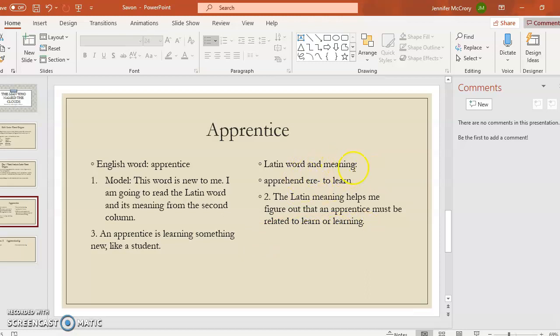Okay, because that's what the Latin meaning of apprehendere is. It's to learn. So then I go back over here to number 3 and I can say, okay, well, an apprentice then is learning something new, like a student, like you. You're an apprentice. You're in class. You're learning something new.